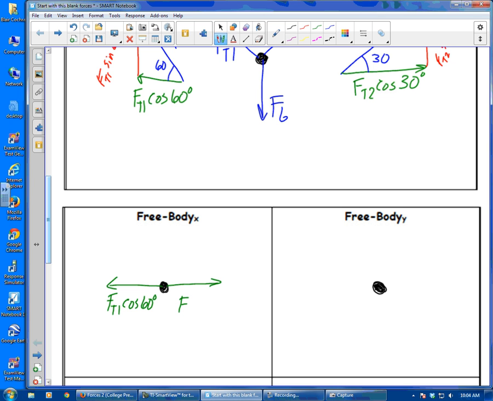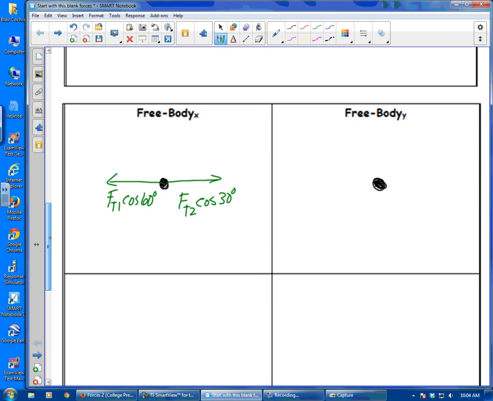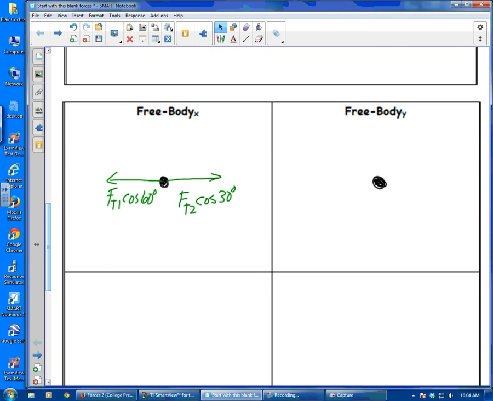This way I've got FT2 cosine 30 degrees. Let me move that up a little bit so you can see it better. Here down I still have F sub g.